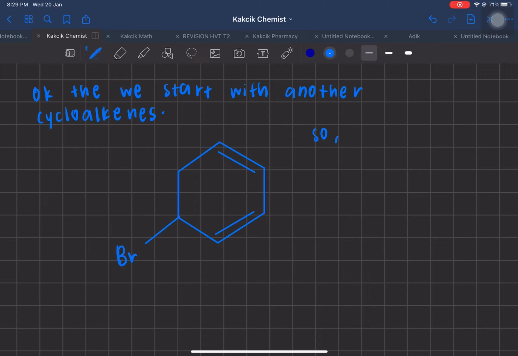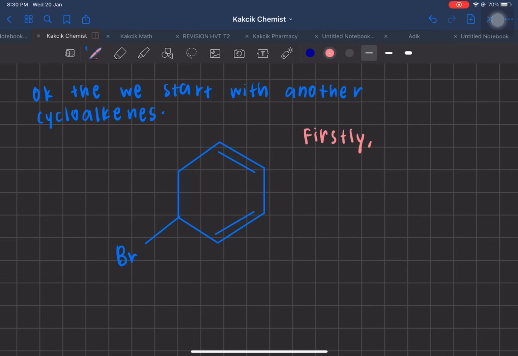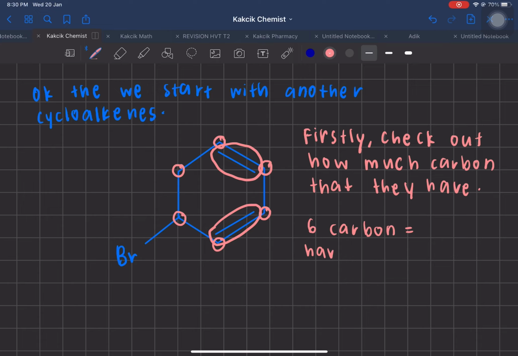Okay, then we start dengan cycloalkene. Cycloalkene, okay, daripada gambar ni, can you name it? Okay, first kali kita akan check out how much the carbon they have. Okay, daripada sini kita nampak tak, kita ada 6 carbon and kita ada double bond. Kita juga ada bromine.